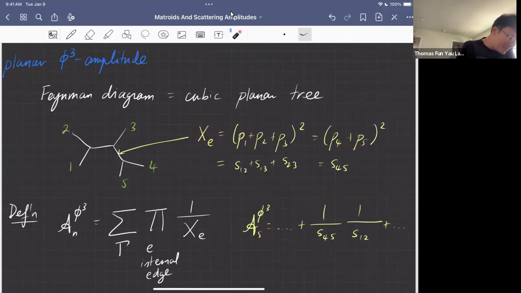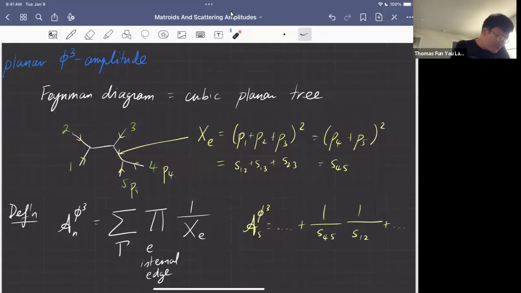Imagine your momenta, so let's say there's P4, P5 here, and all the arrows are going in. There's a momentum P4 particle going like this, a momentum P5 particle going like this. So whatever's going along here, by momentum conservation, has momentum P4 plus P5 in this direction. I take that momentum and dot it with itself, and that's x_e.